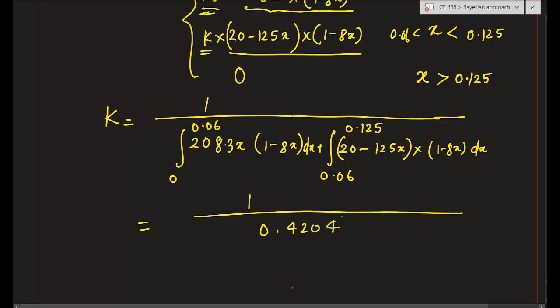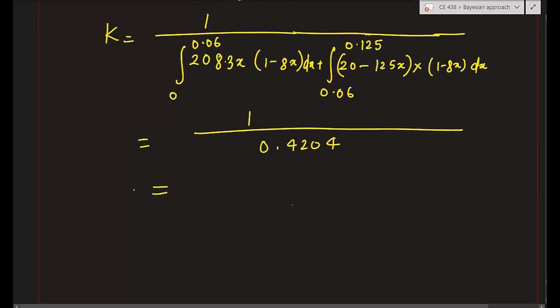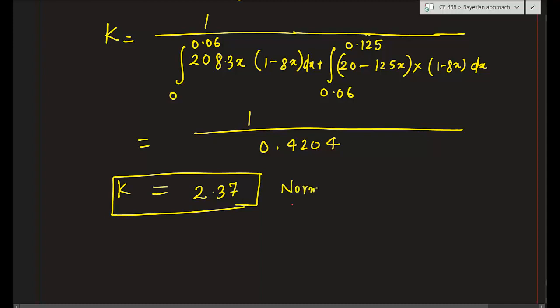Now if you take the inverse of this, that will give you the k value, that is 2.37. So now I know my normalization constant, which we also discussed in the previous classes.